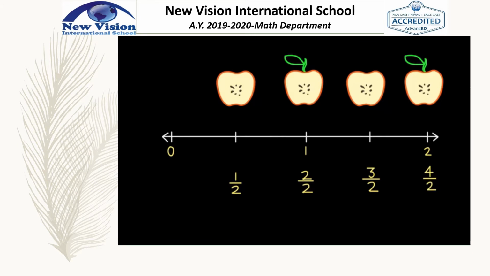Now it's your turn. If we cut the apples into quarters, what would be the equivalent fraction for 1? What would be the equivalent fraction for 2? Good luck, and be sure to show your answer to the teacher. See you next time.